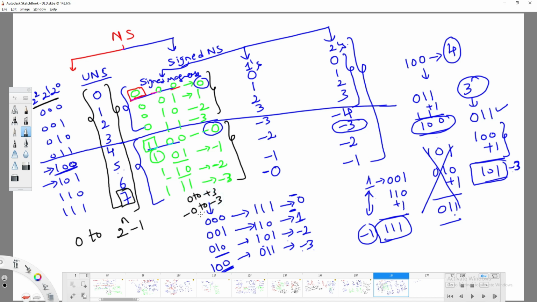According to logic, there is no minus 0, but the way we got here, I have just written it. Is there any use of representing 0 in both ways? No, we can have only one way. So what is the range? How can we generalize this? If you observe, what is the number of numbers generated?